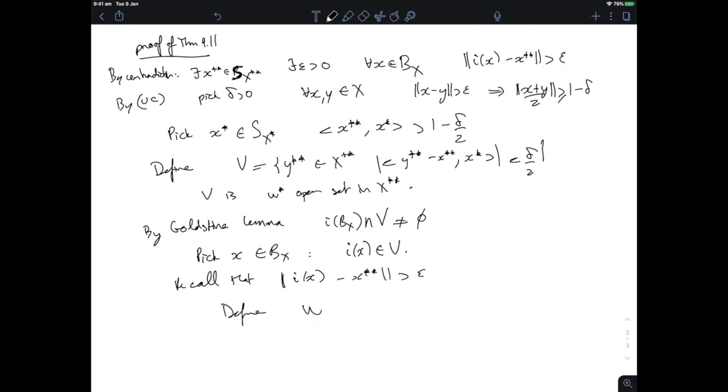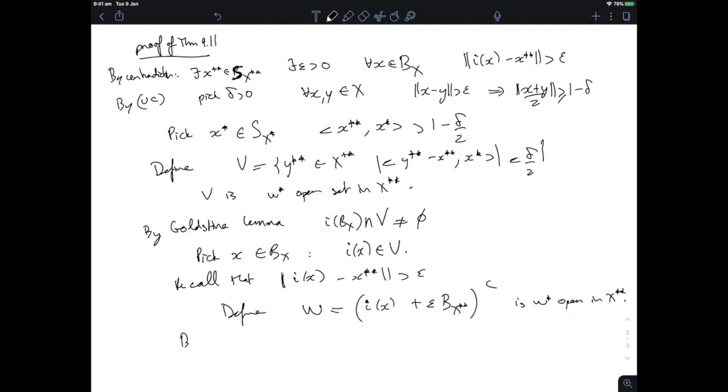So you can define W to be I of x plus epsilon times the unit ball of X double star, and you take the complement of that. So you've just shifted a weak star closed set, thanks to Mazur's theorem. So the complement of that is weak star open. Now, again, it's always in X double star that we talk about this weak star topology.